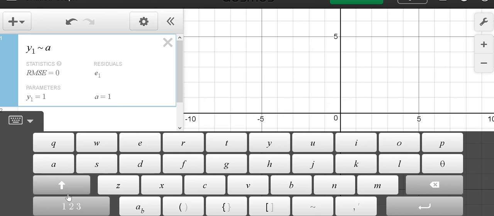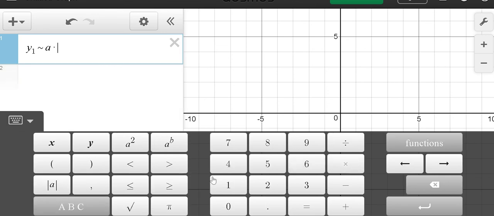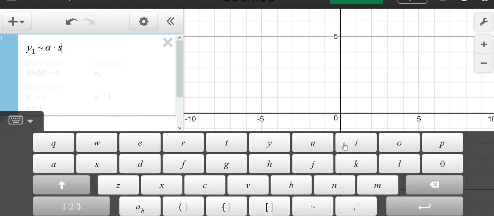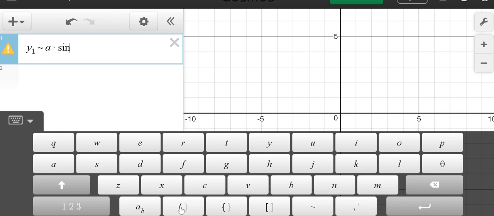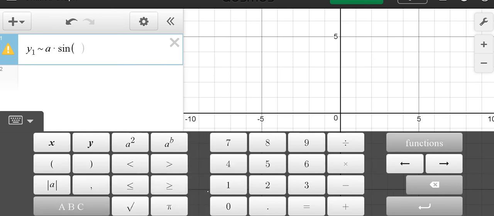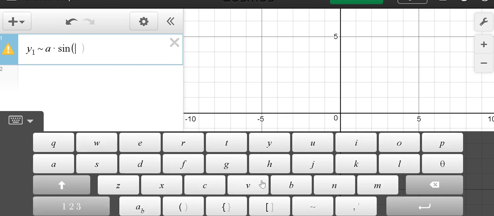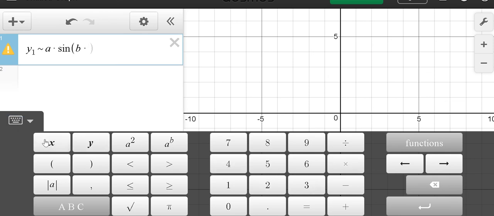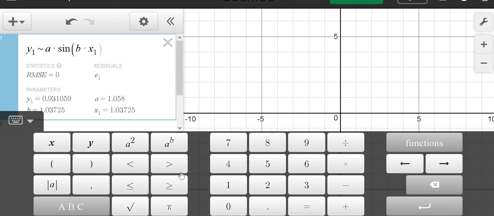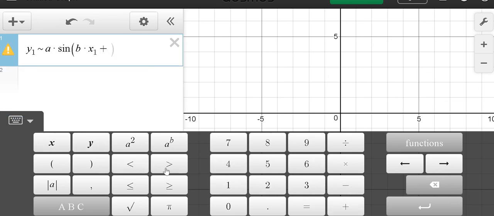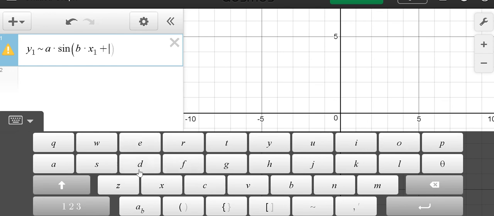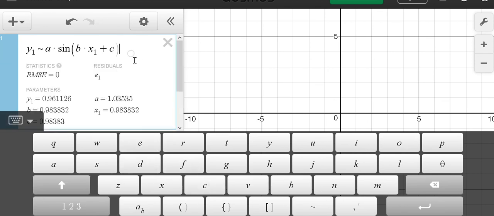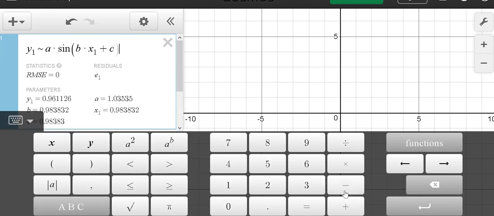We said the equation is A times sine, and you put in parentheses B times x, but instead of just x, you'll do x1, and then you'll do your plus C. And then on the outside, you'll do a plus D.